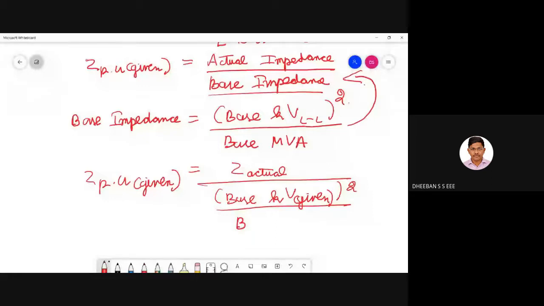It's nothing but you are just replacing the base impedance with this equation.